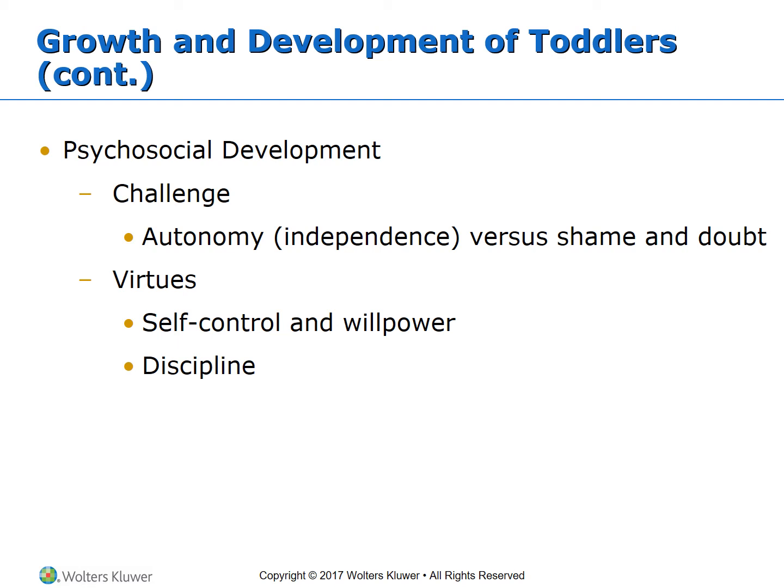And discipline, you have to have consistent guidelines and discipline in this age group. I think it's more important to have those consistent guidelines, and they get used to that. Some children are a little more challenging than others at that age group.